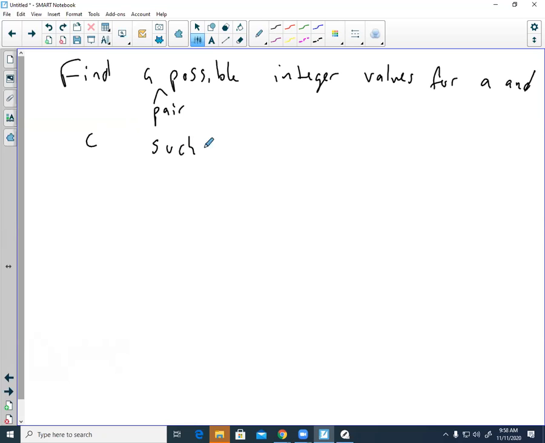such that, math people like the word such that, ax squared plus 4x plus c equals 0 has two real solutions.